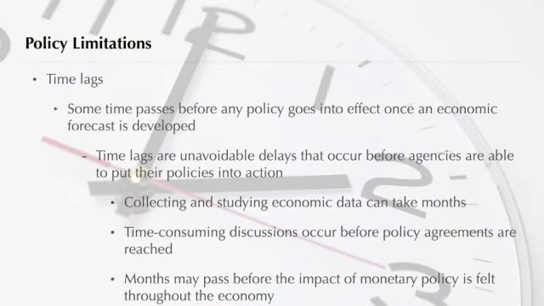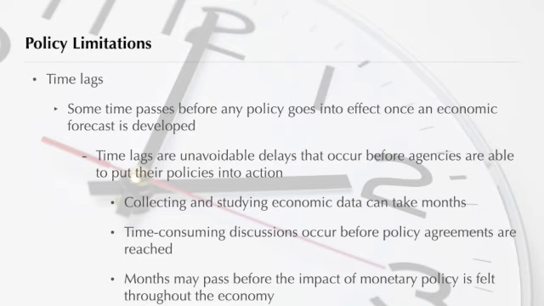Once an economic forecast is developed, time passes before policies go into effect. These time lags are the unavoidable delays that occur before government agencies are able to put their policies into action. Three types of time lags disrupt the effectiveness of the Fed's monetary policy. First, collecting and studying the tremendous amount of economic data needed for analysis and action by the Federal Reserve can take months.